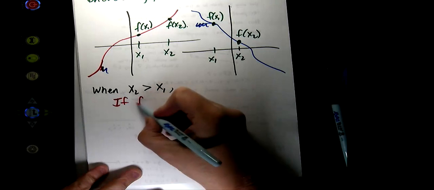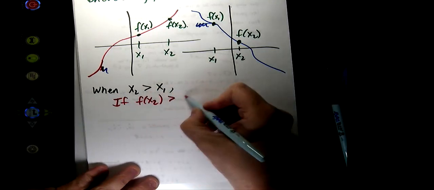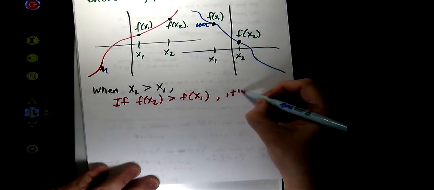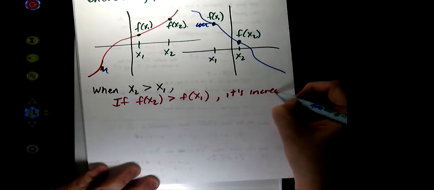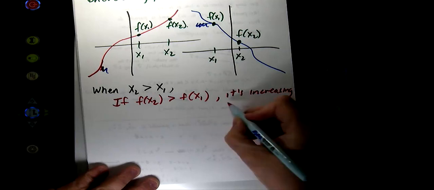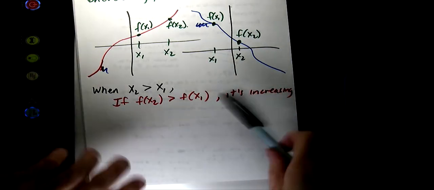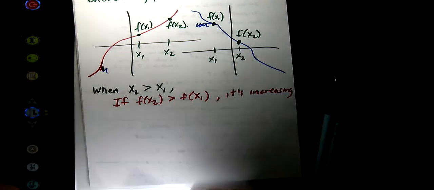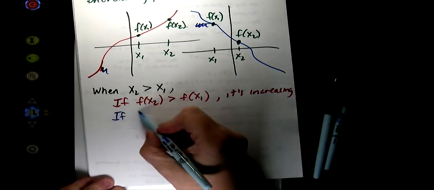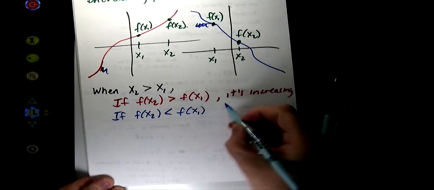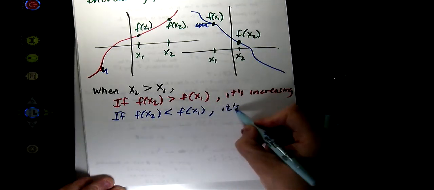If f of x2 is greater than f of x1, it's increasing between them. And if f of x2 is less than f of x1, it's decreasing.